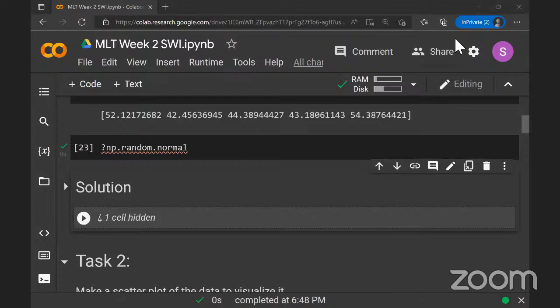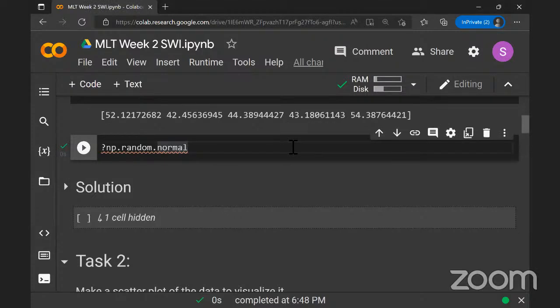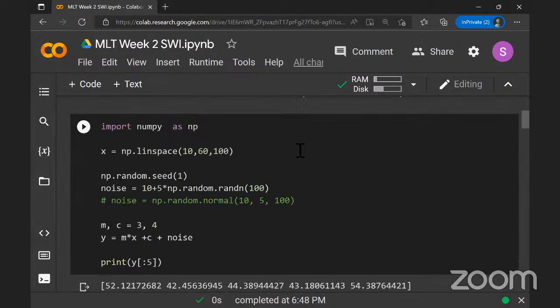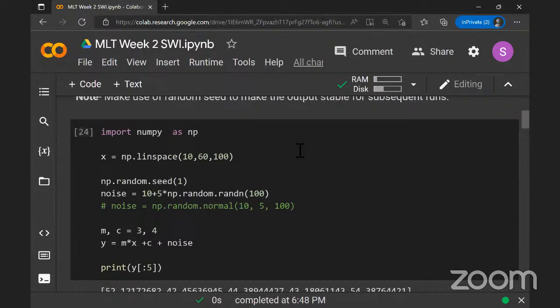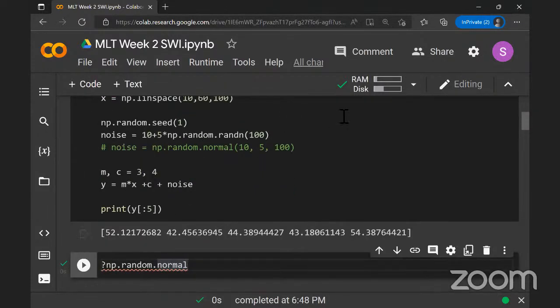Are you guys having trouble answering this question? I'm seeing delayed answers as well as less participation from you guys. Are these questions difficult, or are you having trouble with NumPy, or not very clear about all these graphing and all?